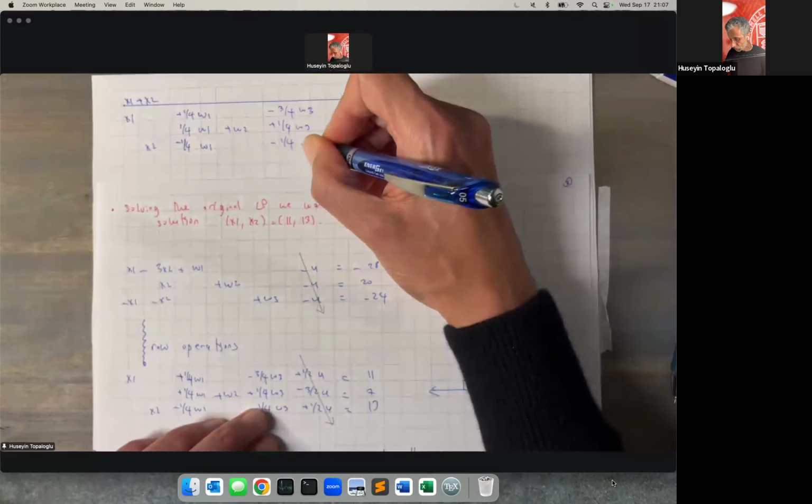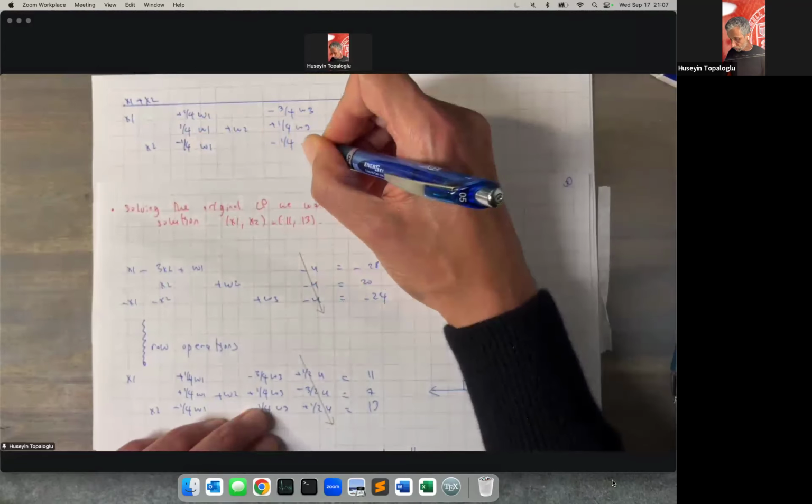Do a special row operation to make sure x1 and x2 disappear from the objective function row.